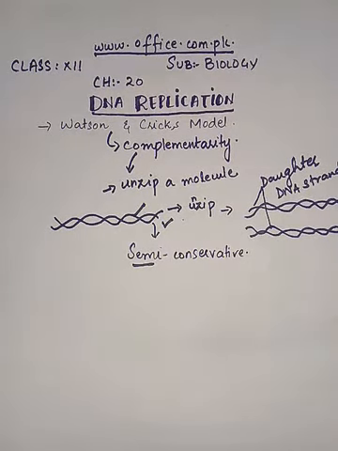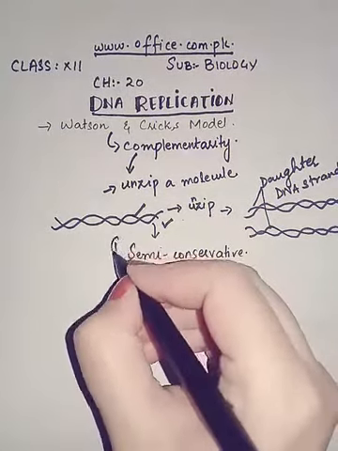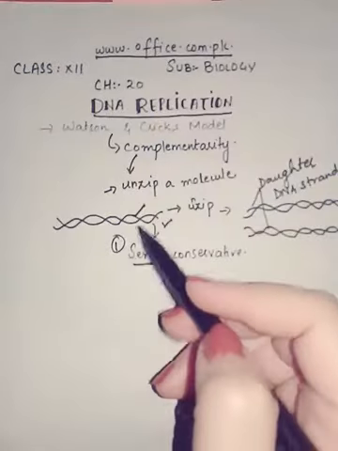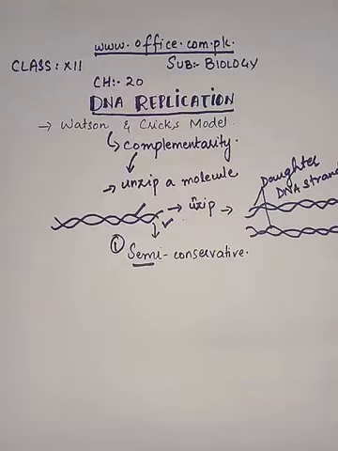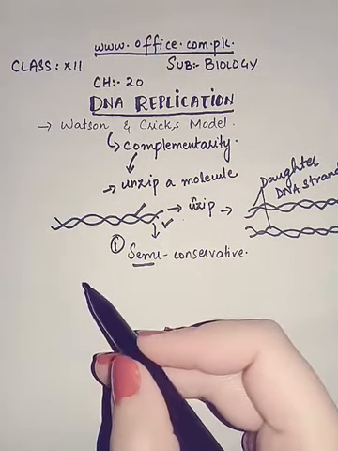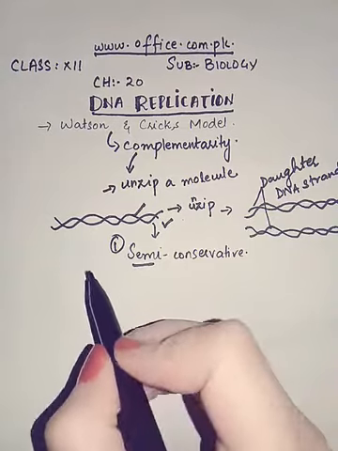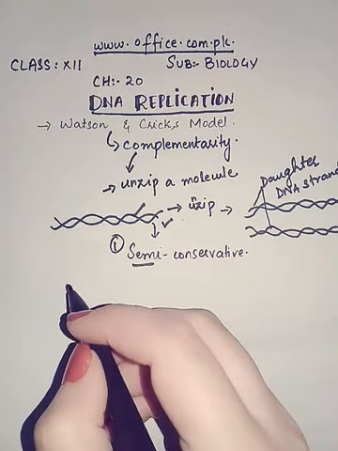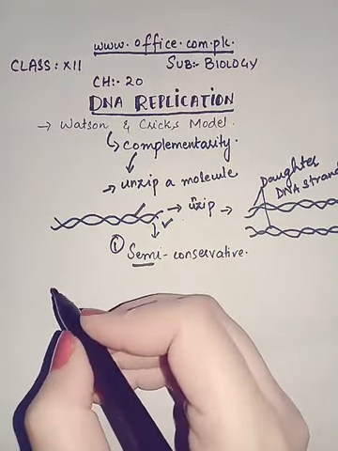Now, this was the first hypothesis, that DNA replication based upon the Watson and Crick model is semi-conservative. Now we will discuss other hypotheses that were presented in order to explain DNA replication.